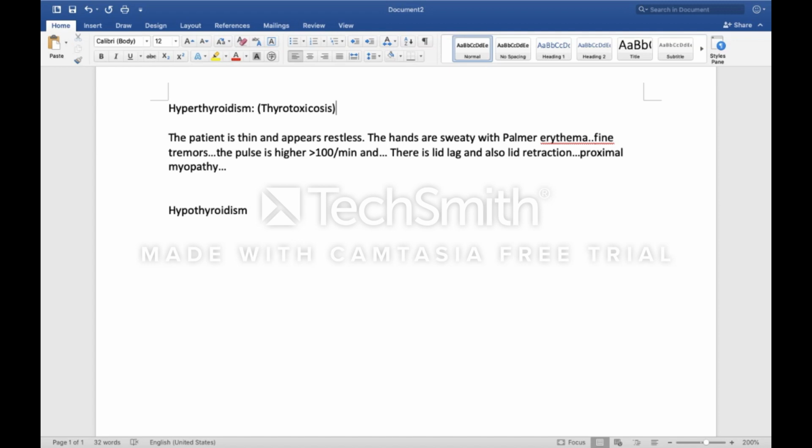Simply due to that, there is muscle weakness. By the way, muscle weakness and proximal myopathy are not just signs or symptoms of hyperthyroidism, rather they can be present in hypothyroidism as well.